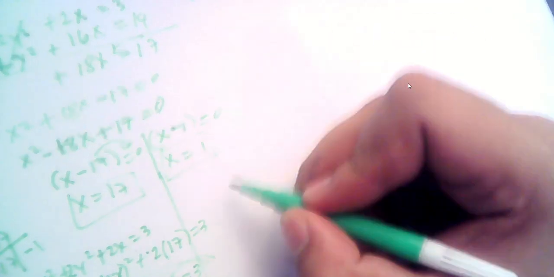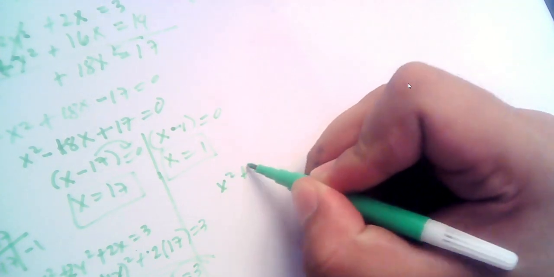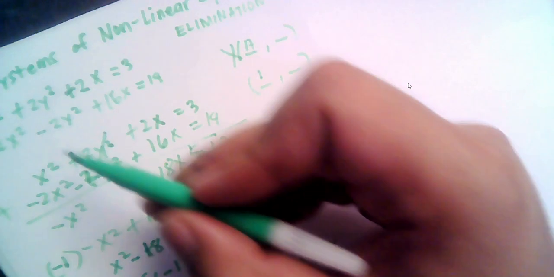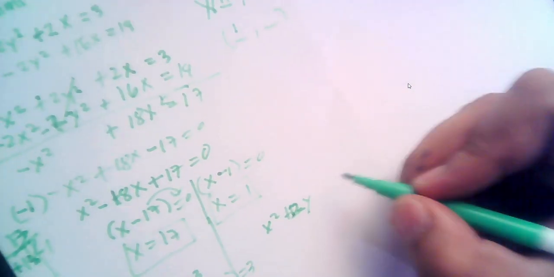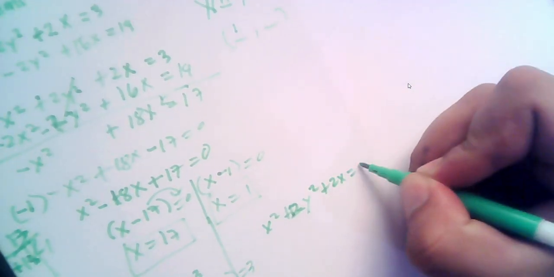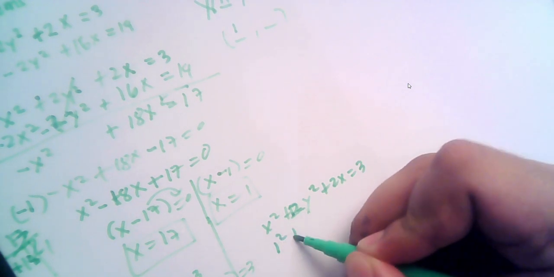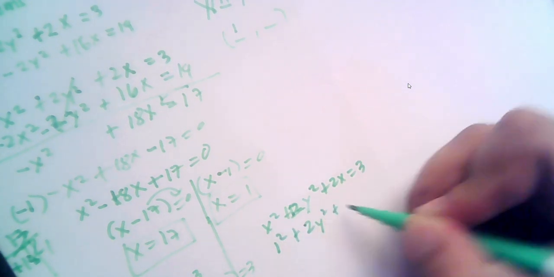How about the 1? Let us try the 1. Let me copy x squared plus 2y squared plus 2x is equal to 3. So x squared, we use 1. 2y squared plus 2 times 1.